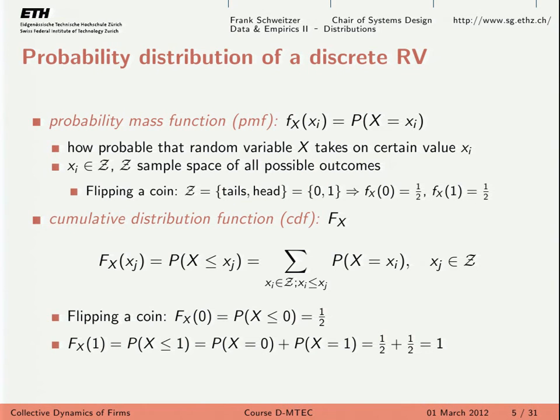For example, we talk about income. Then the capital F gives you the probability that your income is below 1 million francs. So that is the information.